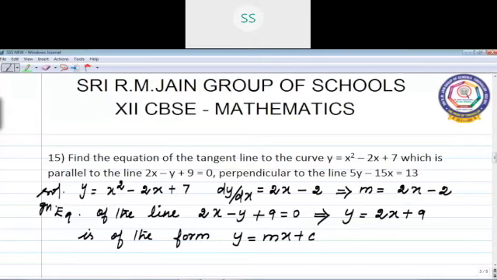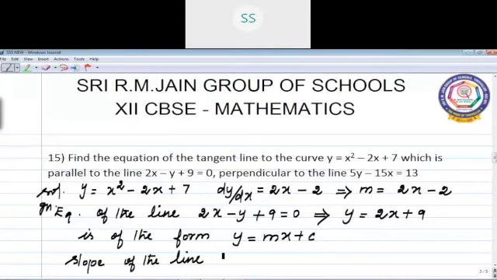This is also your equation of a straight line. Here what is your m? You have to compare your general format to your given format. So what is your m? m equal to 2, right? That is the slope of the line.